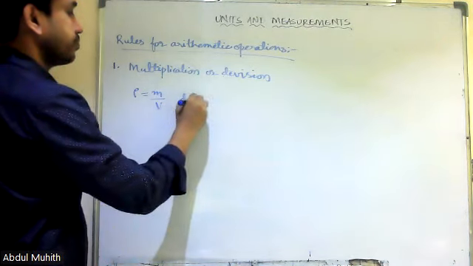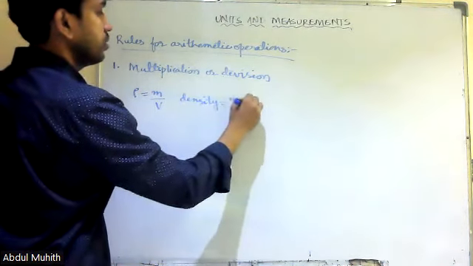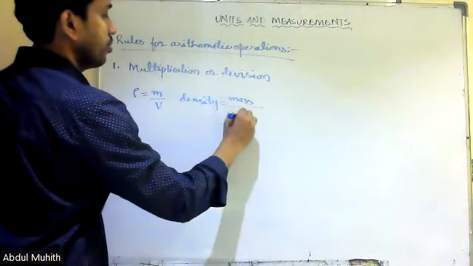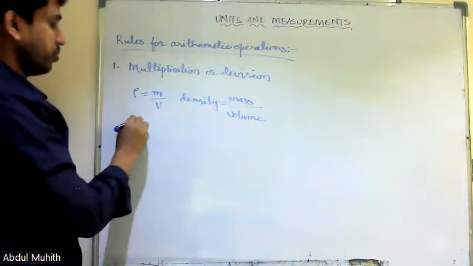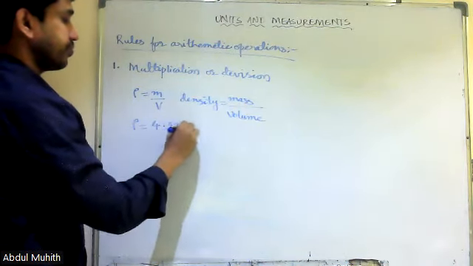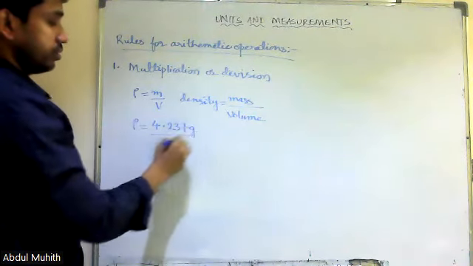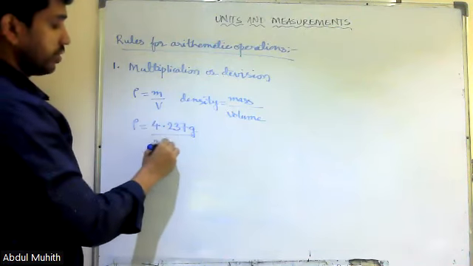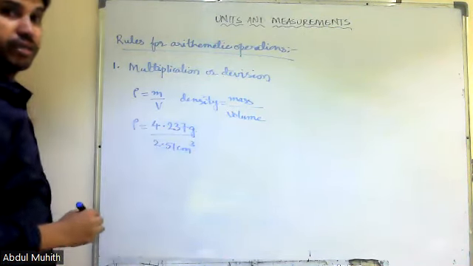Density equals mass divided by volume, so it is equal to 4.237 grams divided by 2.51 cubic centimeters. Keep this in mind.